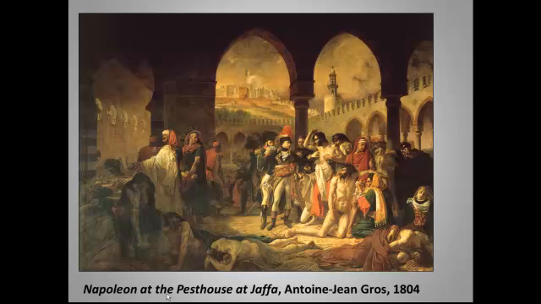So here's another propaganda piece by another of Napoleon's favorite artists. Now, Gros painted Napoleon visiting plague-stricken soldiers in the Near East during Napoleon's Egyptian campaign, and he portrays Napoleon as brave and really in many ways as Christ-like. So note that Napoleon is touching one of the soldiers' sores.